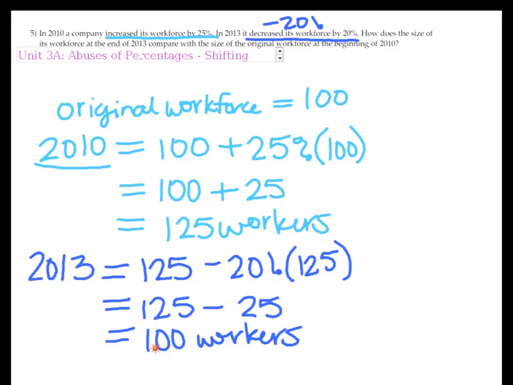And so in that case, in 2013, since we're ending with 100 workers, it's the same workforce. So there has been no change. Okay, so same workforce.